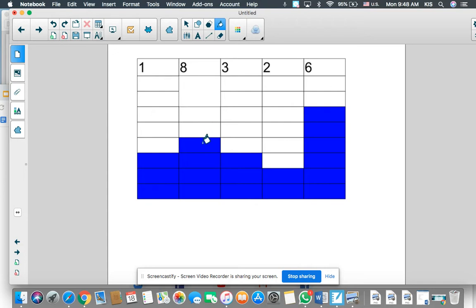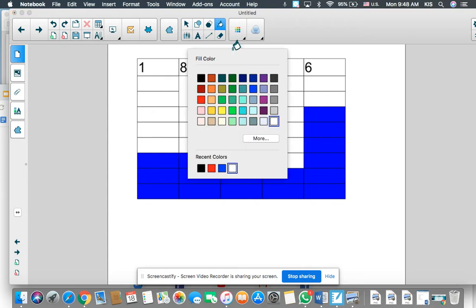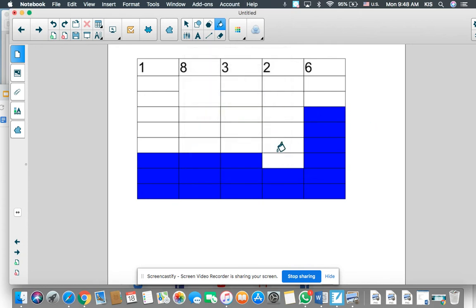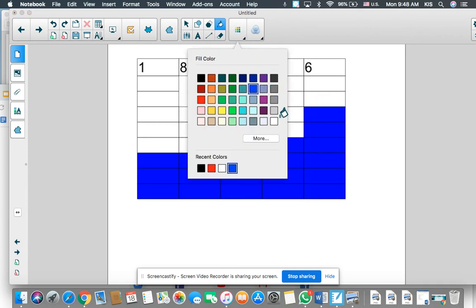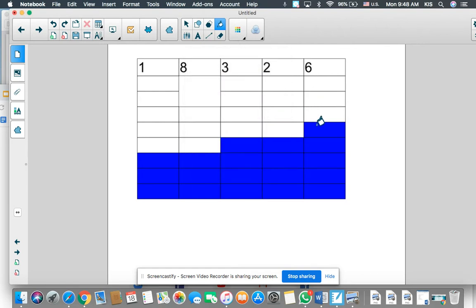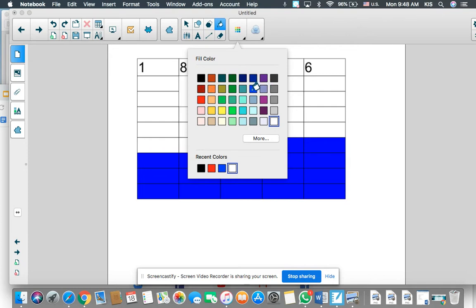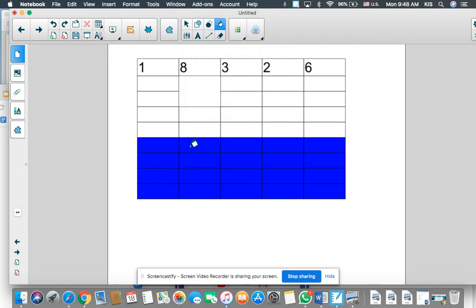So that's 1, 2, 3. So let's move 3. 1, 2, 3, and then I want to move 1, 2. So let's move those 2 over here.